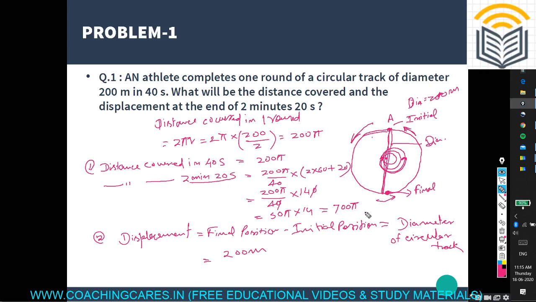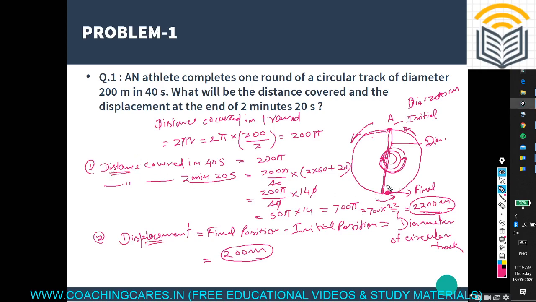And this 700 pi, we can calculate as 700 into 22 by 7, which comes to 2200 meters. So this is our first answer, and the second answer is the displacement, 200 meters, and the first answer is 2200 meters, which is the distance.